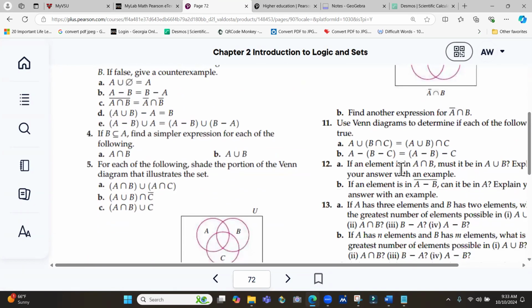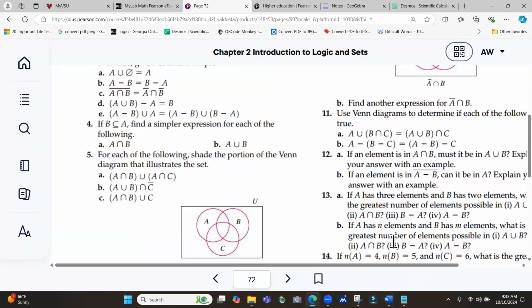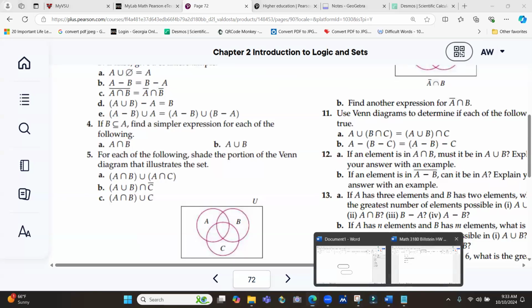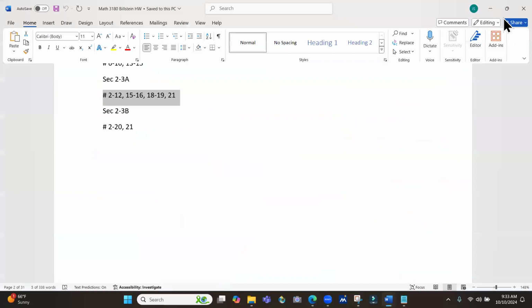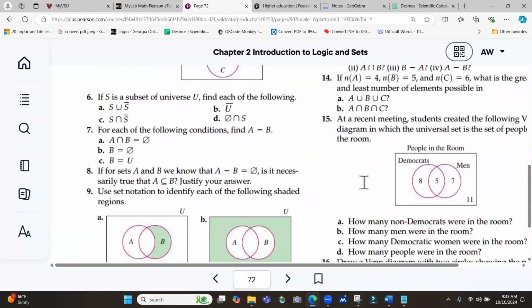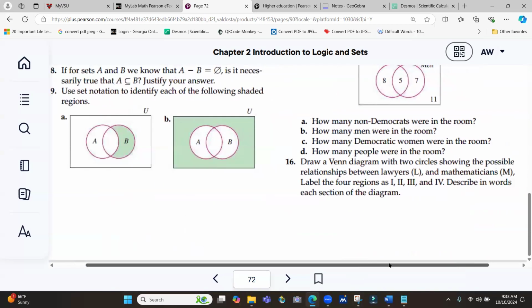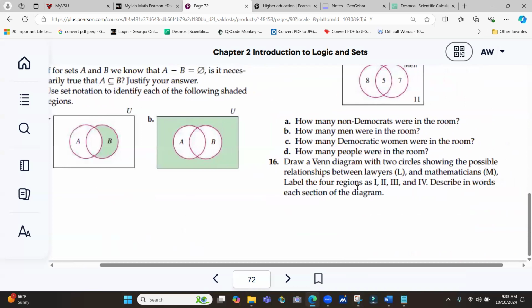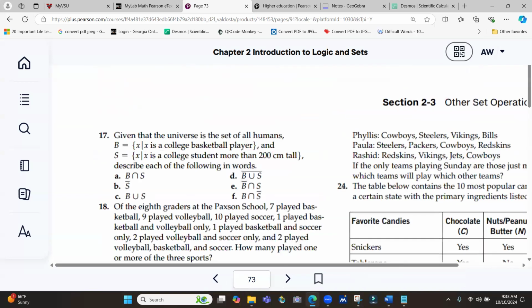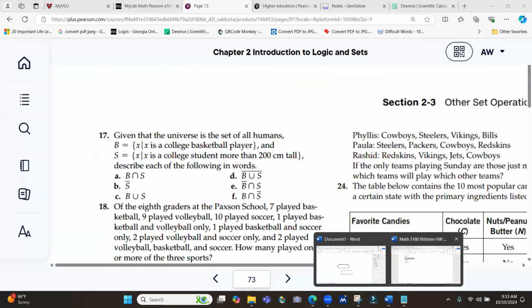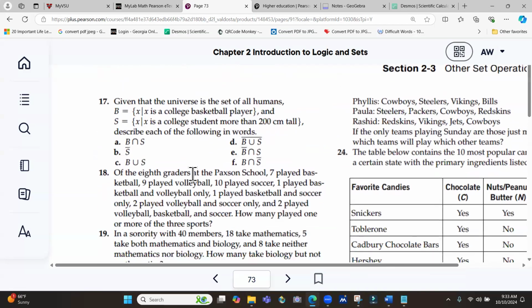Okay, this is 2.3, and we have done 15, 16, 18, 19. Two circles, large multiplication, 15, 16, and then 18, 19, and 21.